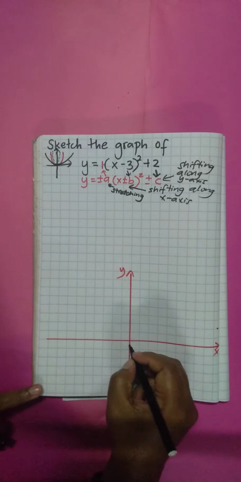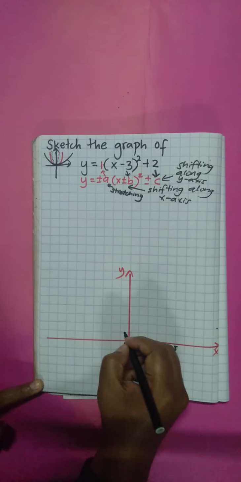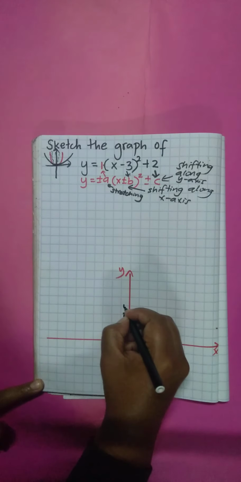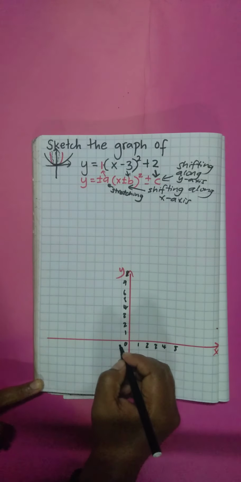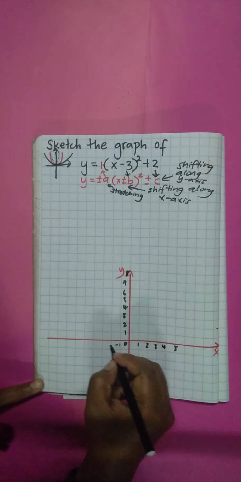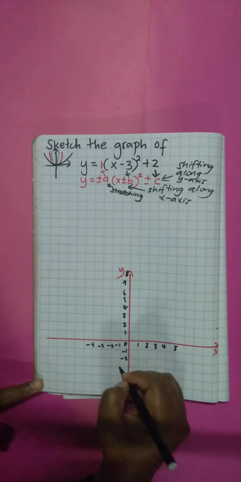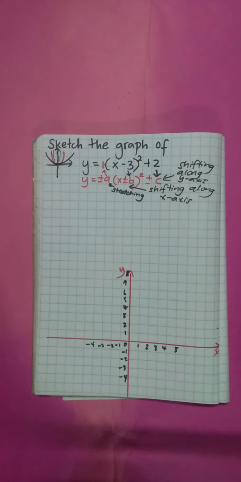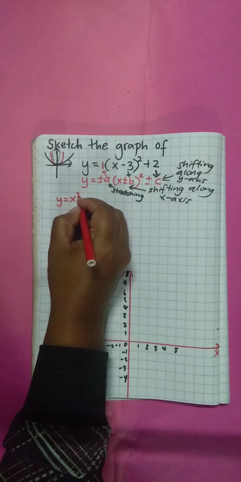Let me just label the graph: 0, 1, 2, 3, 4, 5, 6, 7, 8, and -1, -2, -3, -4. So we will always start with this graph, y equals x squared.